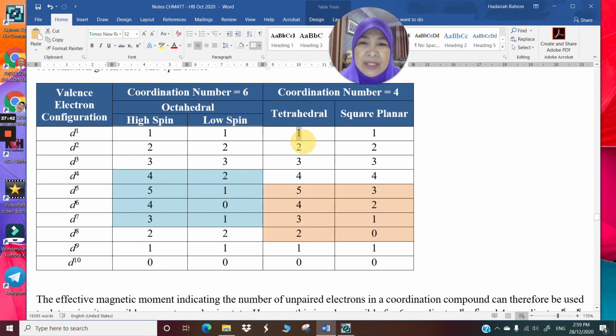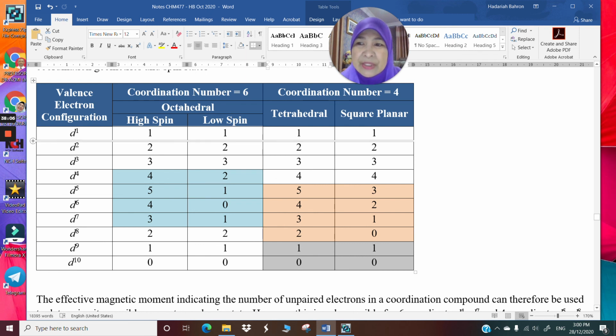If they are D1, D2, D3, and D4, in both cases you will have the same number of unpaired electrons, so you're not going to be able to distinguish between tetrahedral and square planar. Similarly, for D9 and D10, you will not be able to distinguish between the two.